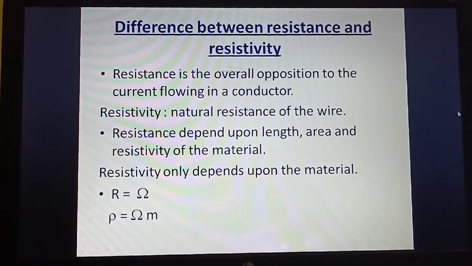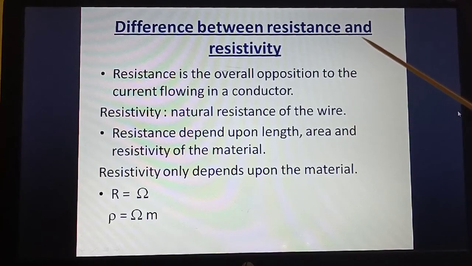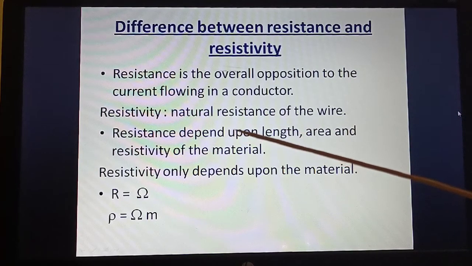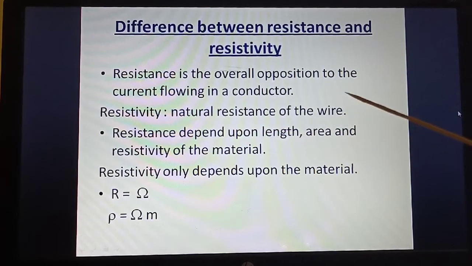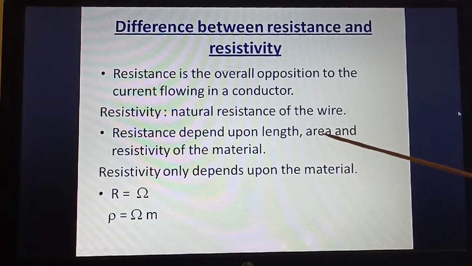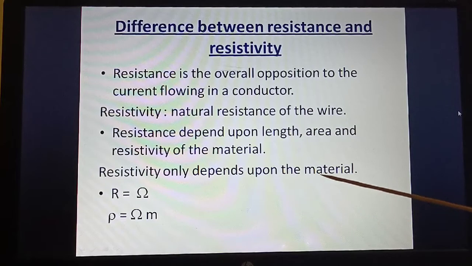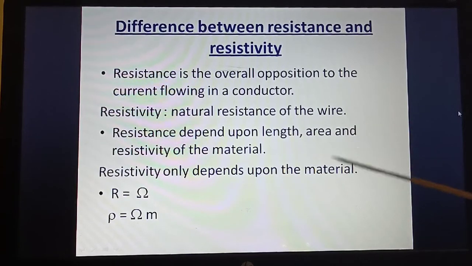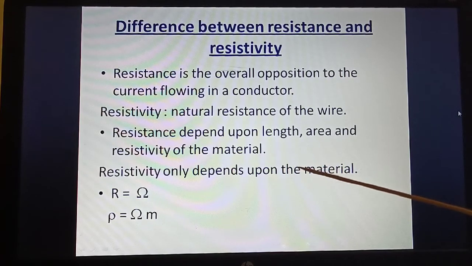Resistance is the overall opposition to the current flowing in a conductor. But resistivity, what is that? It is the natural resistance of the wire. Resistance depends upon length, area and resistivity of the material, but resistivity only depends upon the material. This is your third factor, that is the nature of the material, resistivity.